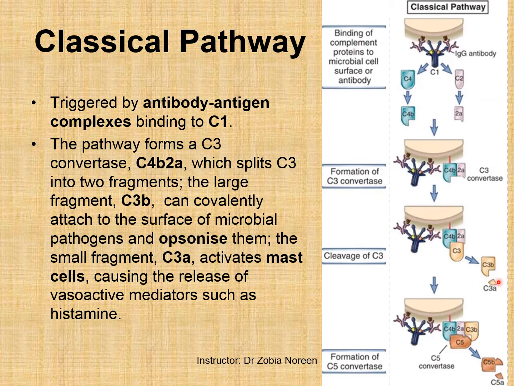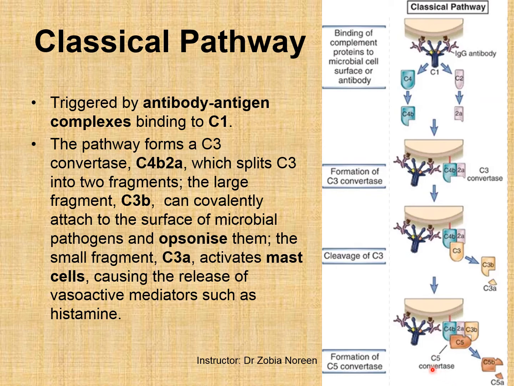This C3a leaves the complex and has a role to play in inflammation by activating mast cells, which release their vasoactive mediators such as histamine. So the complex made up of C4b, 2a and C3b then acts as a C5 convertase.